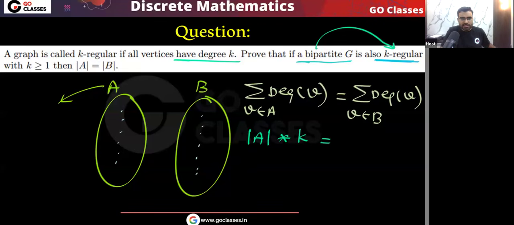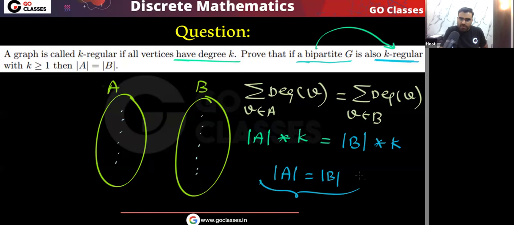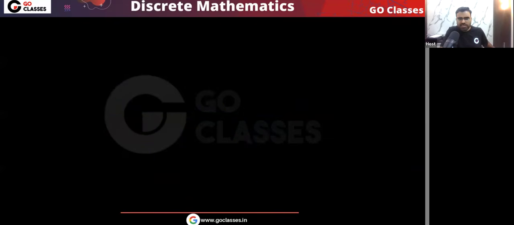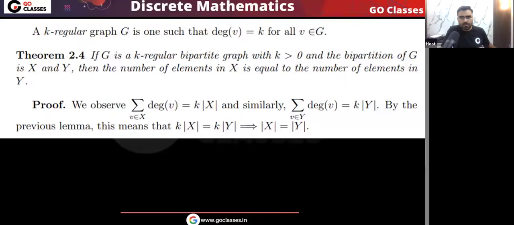So the total degree of this part, the number of vertices in this part multiplied by k, is equal to the total degree of this part, the number of vertices in this part multiplied by k. Now from here you cancel k, and finally the number of vertices in part A is equal to the number of vertices in part B. Very easy to prove. These are simple things. If you just understand the definition of a bipartite graph, then you can easily solve all these questions.